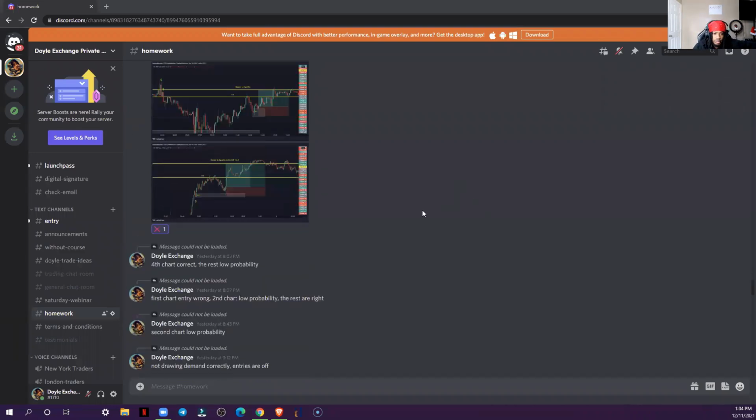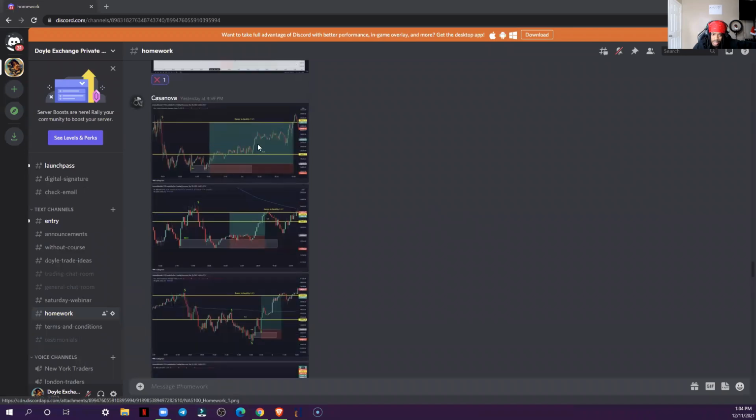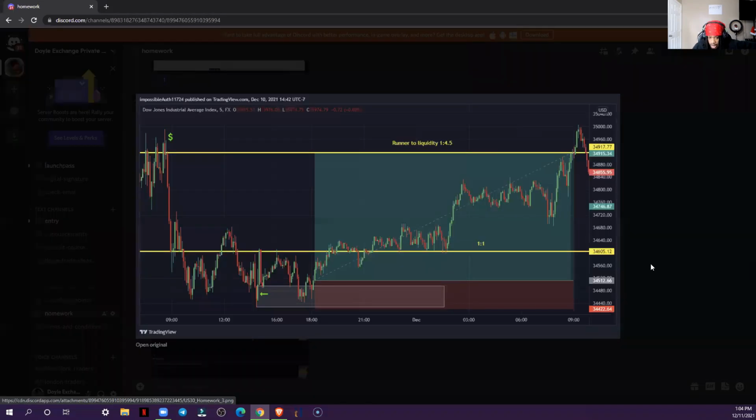So okay, let's check this one right here because this is the first one I wanted to check. Why is this wrong right here? I don't know if y'all can see this. He understands gaps, but the entry is wrong. If it's a gap right here, if it breaks out and comes back, why would you enter over here? This would be considered low probability. It would be high if he entered over here for a buy, but if he enters a buy over here, that's low probability.